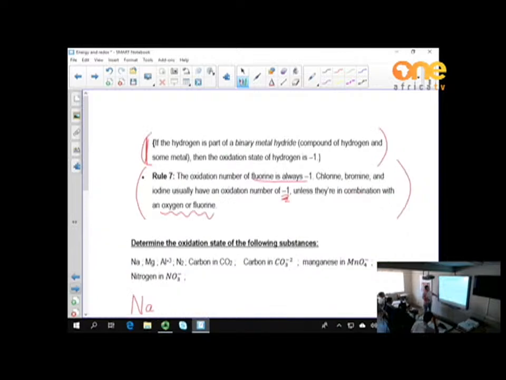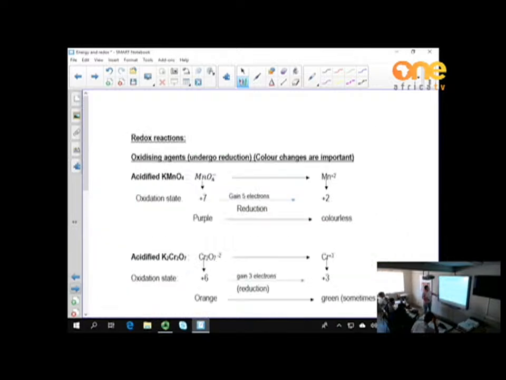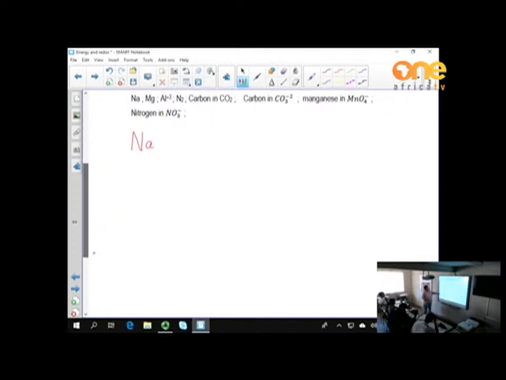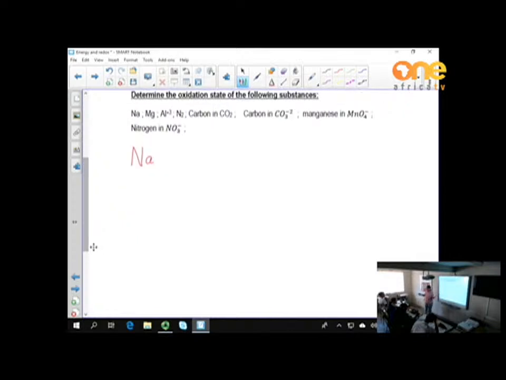Okay. We have an element, sodium, doesn't have a charge. So its oxidation state is 0. Magnesium, yes, it's an uncombined element. It's 0. The next one, nitrogen, also 0 because it's a diatomic element.